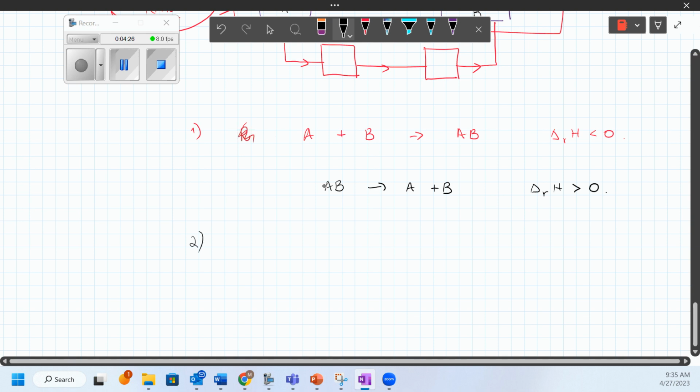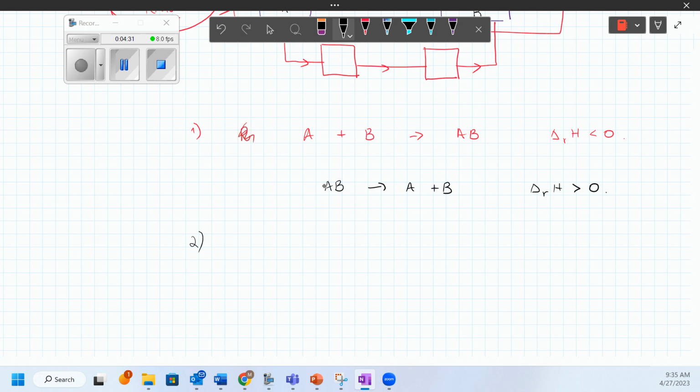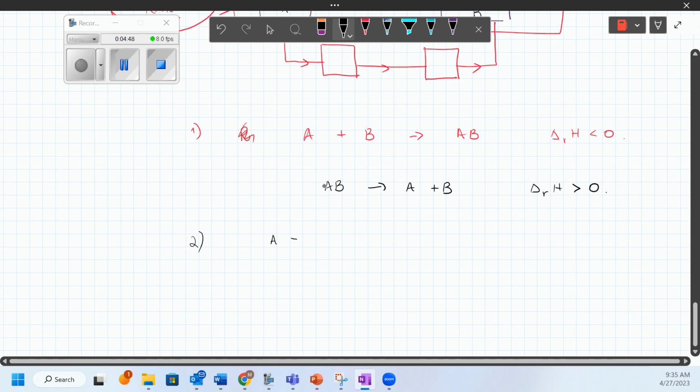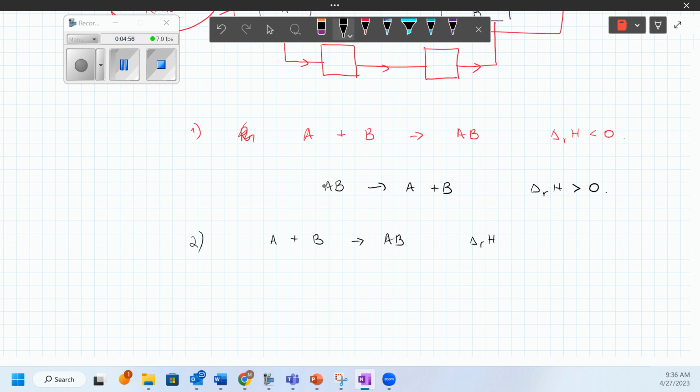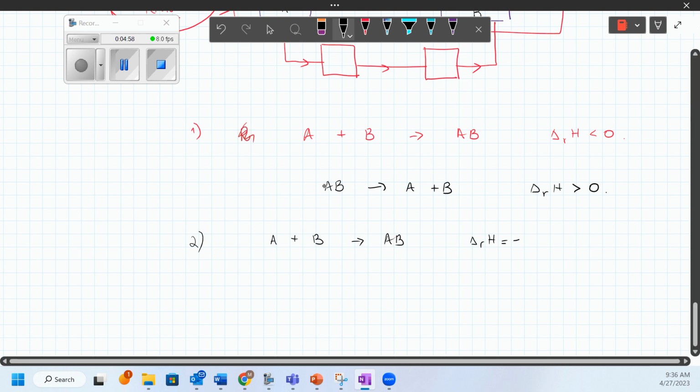And the second rule, which we even applied yesterday when we were working with the molar enthalpy, is that if you are multiplying the intermediate reaction with a coefficient, then you will multiply the enthalpy with the same coefficient. So let's suppose that we have again A plus B gives AB, and now I will have a number here, let's say negative 15 kilojoules.